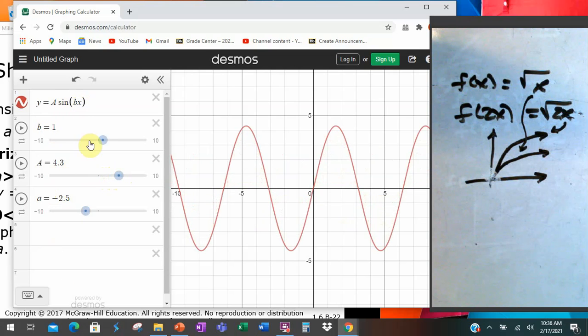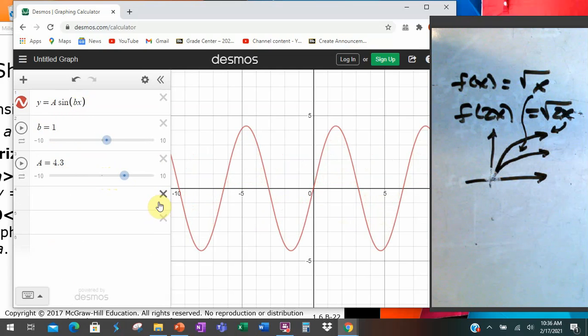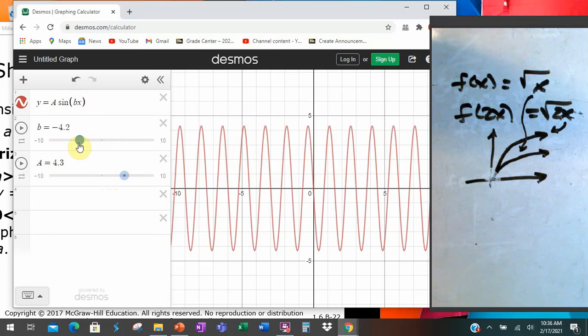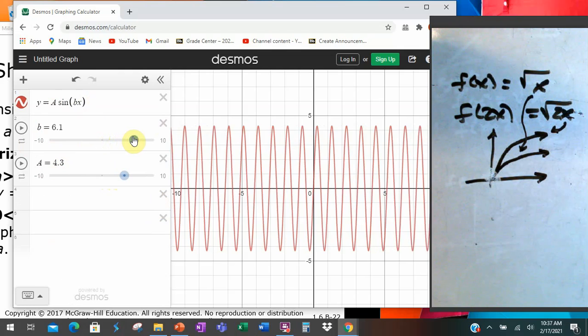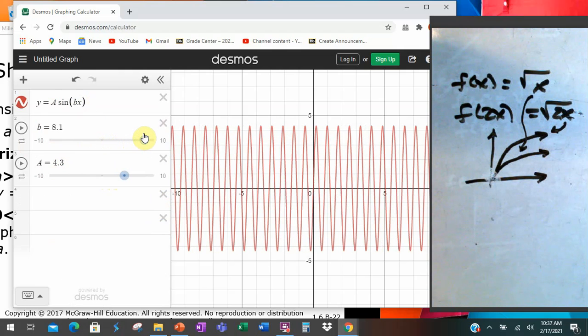This should have been a B. So here's my B. I don't need this thing anymore. So my B, watch what happens here. If I go B bigger, I'm basically bringing that stuff in. I'm going through the x's faster by 8.1. Okay.